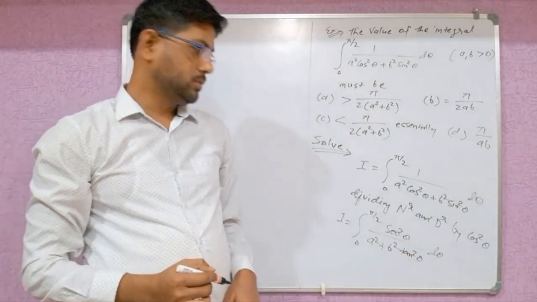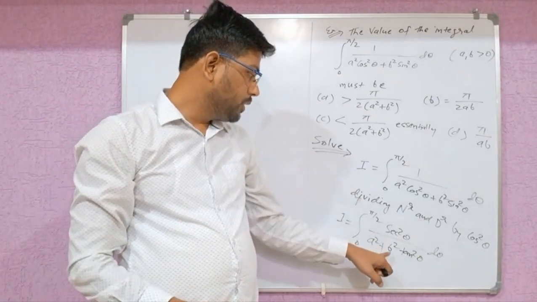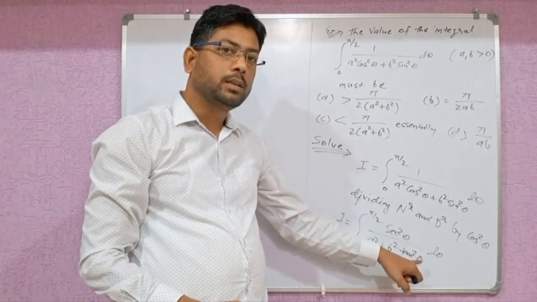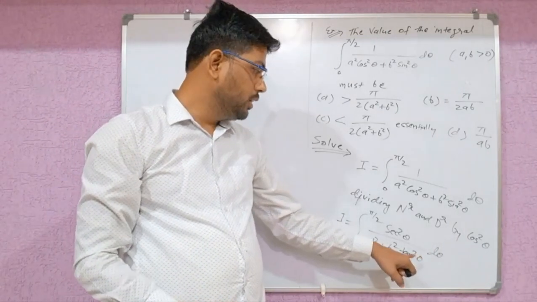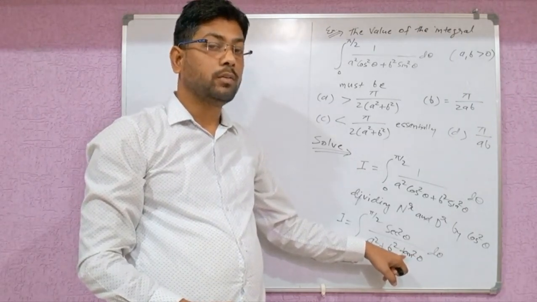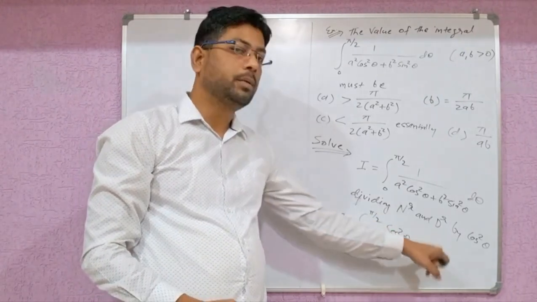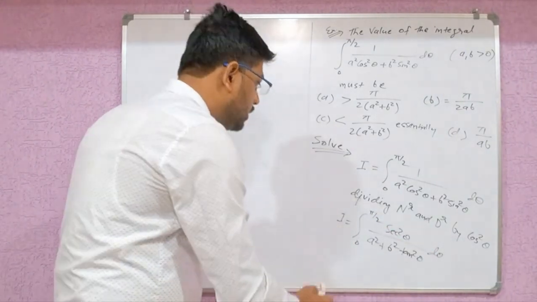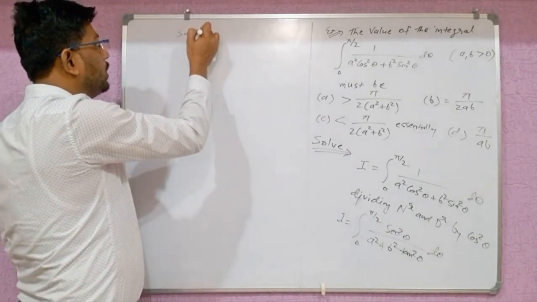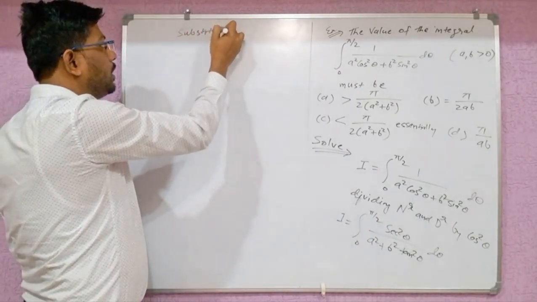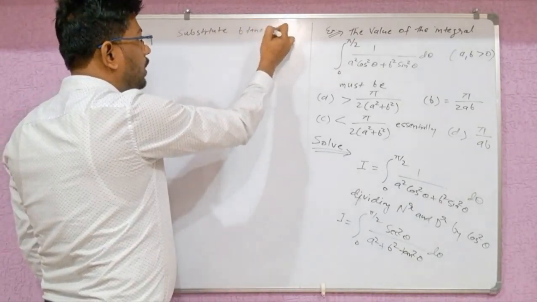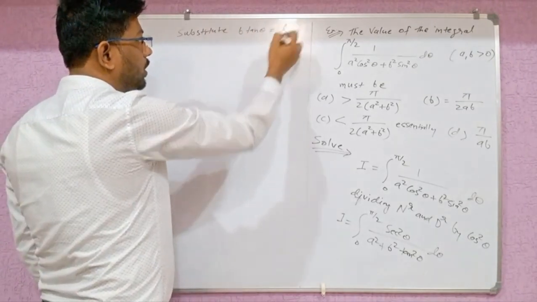Okay, now see here we can substitute this b tan theta as t, because differentiation of this tan theta will be sec square theta. So that will be eliminated from here in the numerator. Okay, so substitute b tan theta is equal to t here.